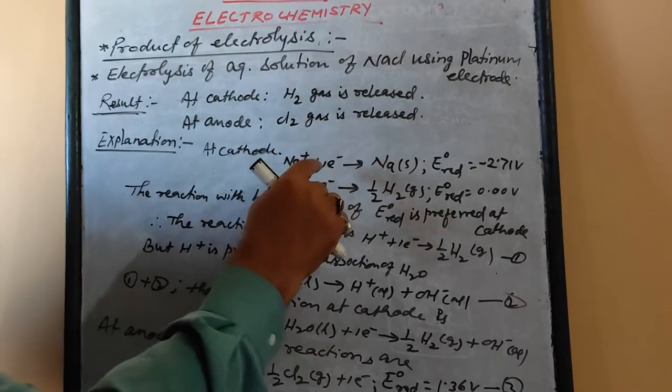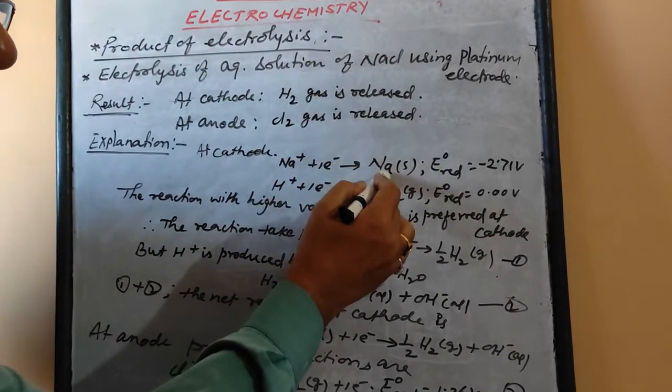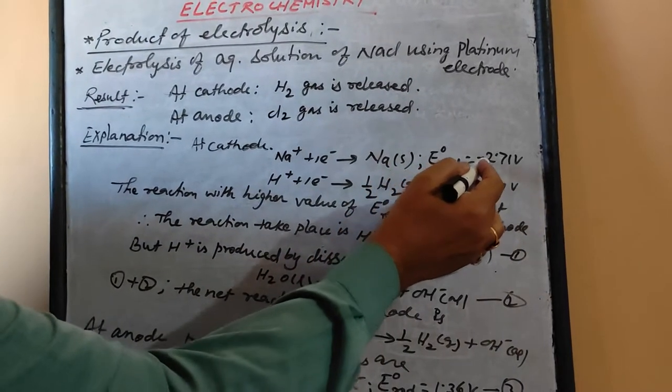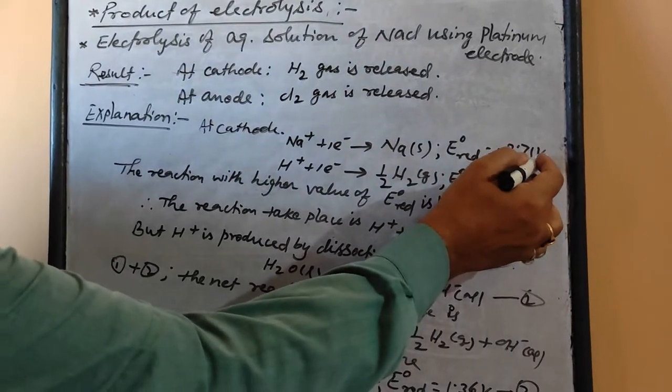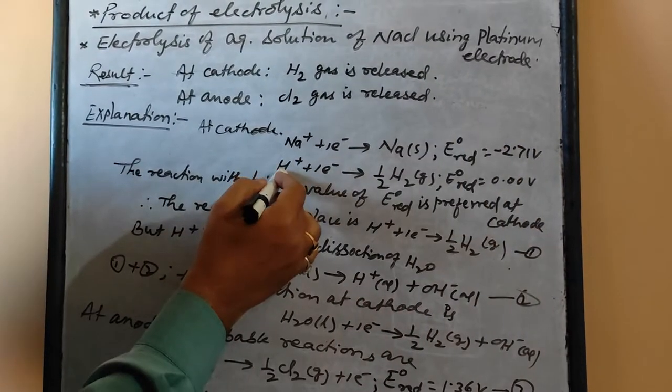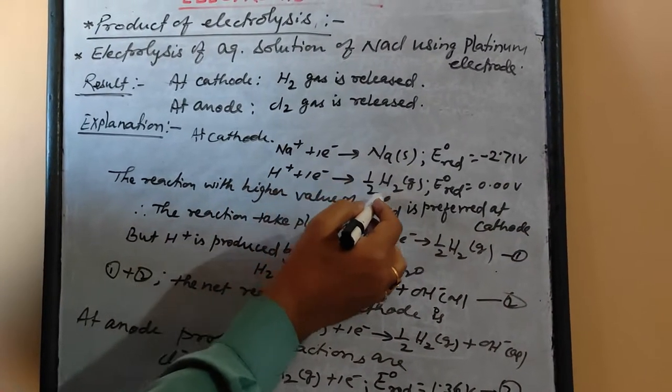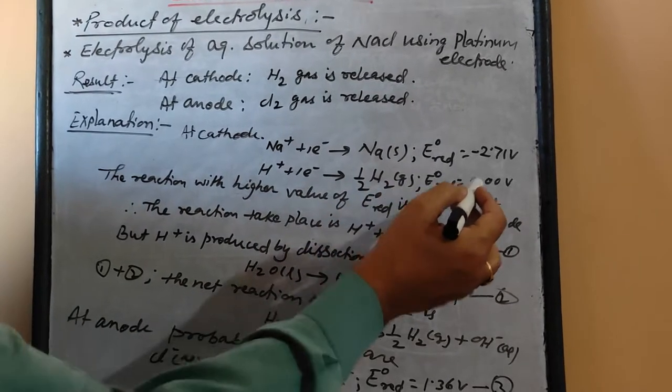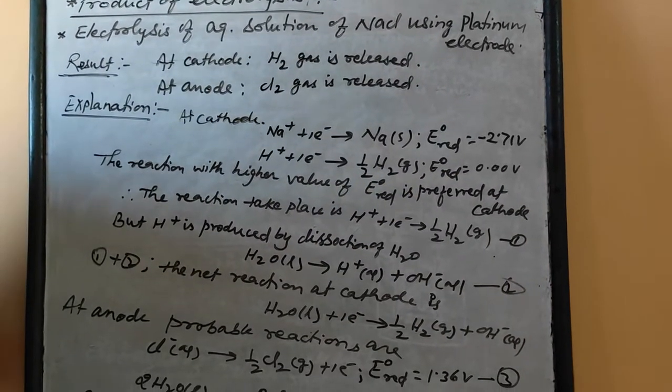Now Na plus 1 electron gives Na solid. Here E naught red is equal to minus 2.71 volt. H plus 1 electron gives half H2 gas. E naught red is equal to 0.00 volt.